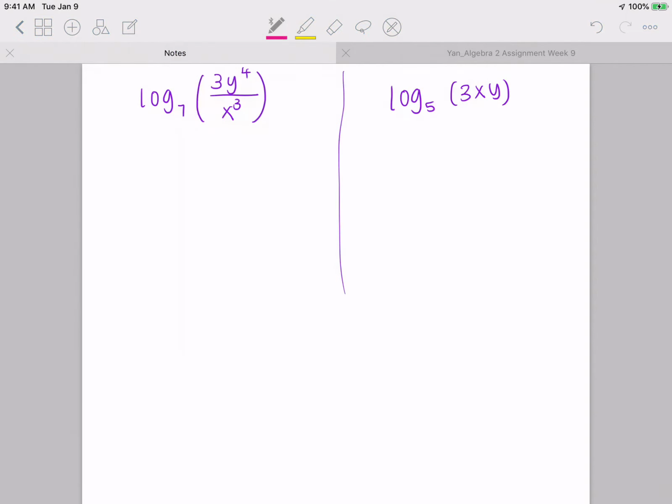First one. What's being blocked with this whole entire term? I believe it's a division sign, so I can actually break it down into two parts first. So we have log base 7 of 3y to the fourth power minus log base 7 of x to the third power.